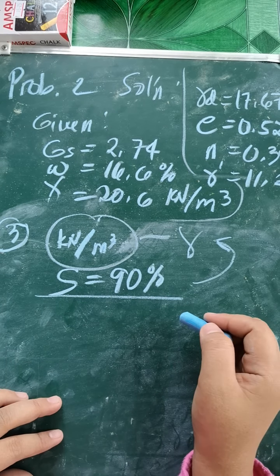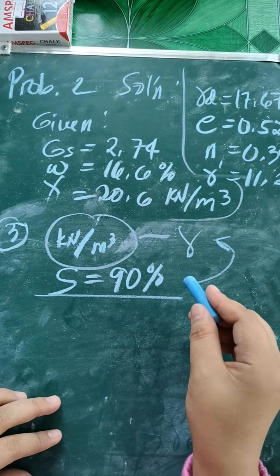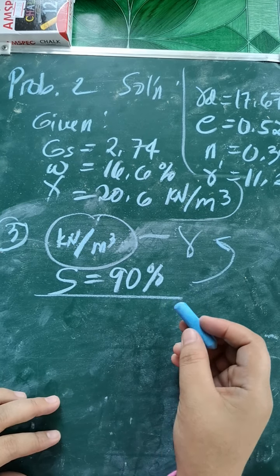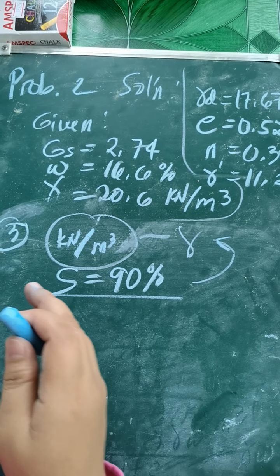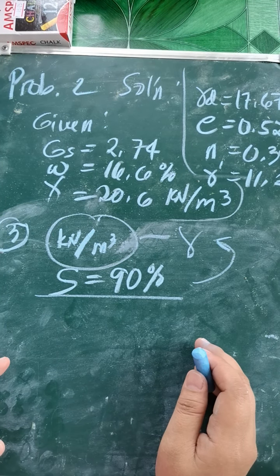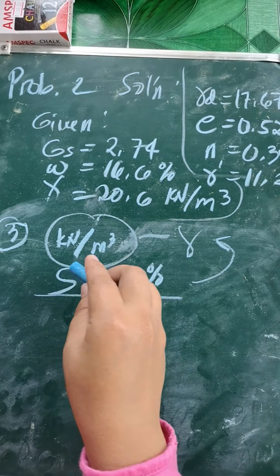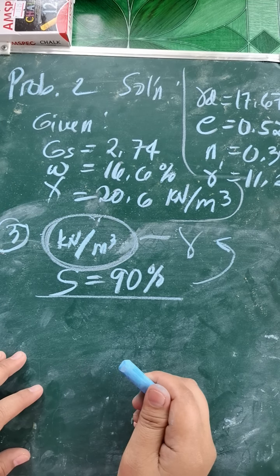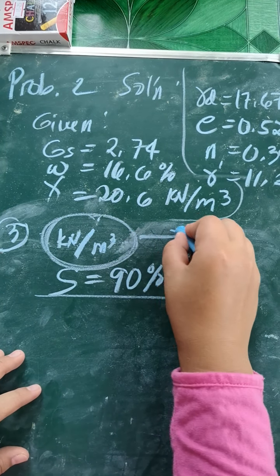So think of it. What is asked is a unit weight. Since according to the problem it's kilonewton per cubic meter, think of the unit. The unit is already given. So we can say that is a unit weight.